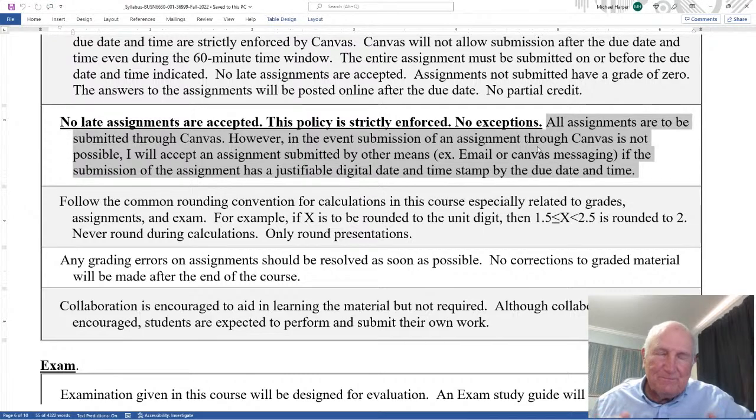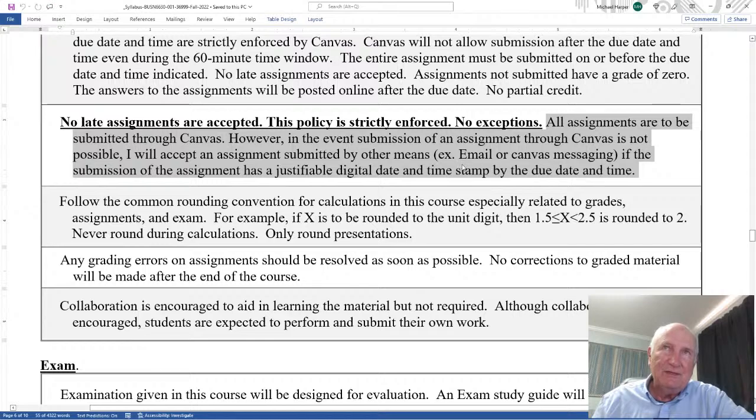You can then submit by email or Canvas messaging if the submission has a justifiable digital date and time stamp by the due date and time. If it's on time, then I'll accept it. If it's after the time, it doesn't matter.